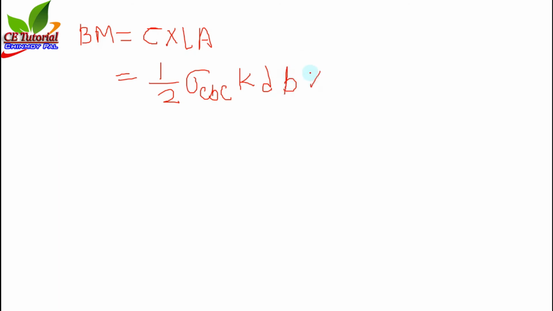Okay, and multiplied by the lever arm. Lever arm is JD, and we can say that this is D multiplied by 1 minus K by 3.